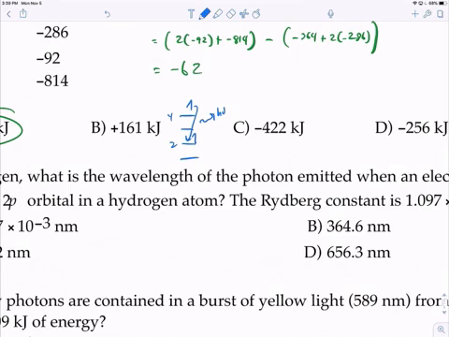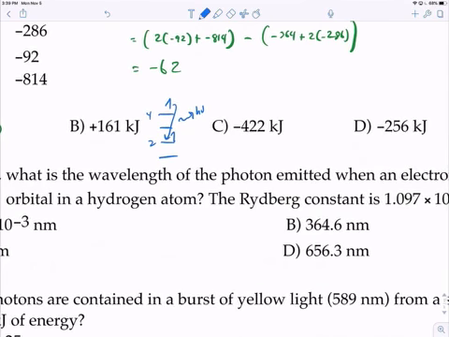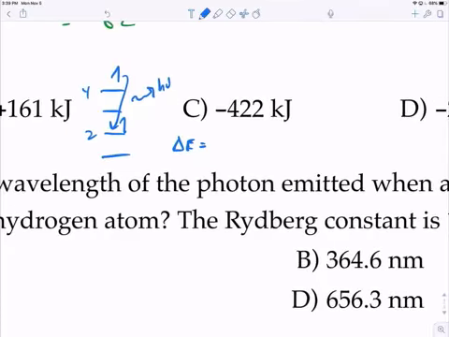And it releases light. So the equation that you get is delta E is the Rydberg constant times 1 over nf squared minus 1 over ni squared, and this equals minus Rydberg times 1 over 2 squared minus 1 over 4 squared.